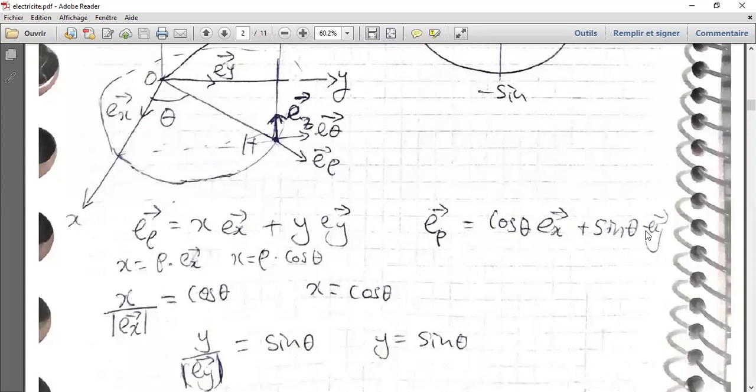So this one, you don't really need to know how it comes about. You just have to know what e rho gives me, the relationship between Cartesian coordinates and cylindrical coordinates.